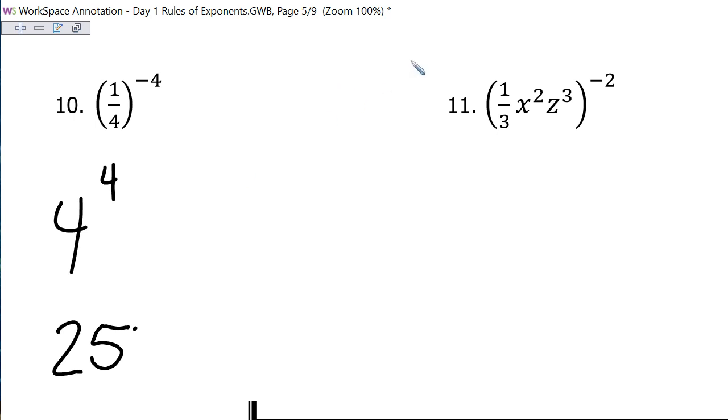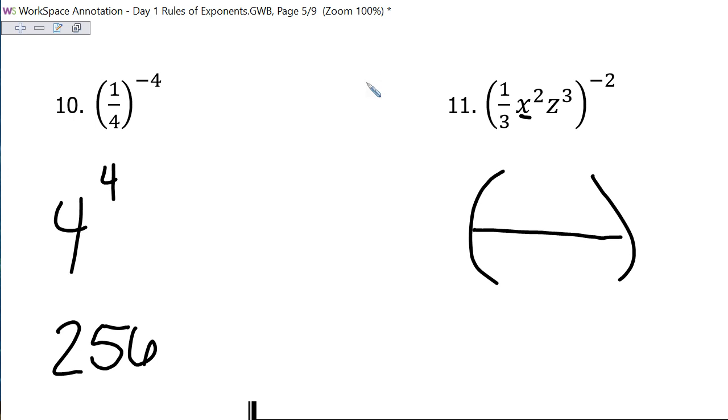Next one, number 11. Everything in the parentheses needs to be raised to the negative 2 power. But I want to rewrite this as one big fraction. So if I were to rewrite that as one big fraction, what number would go on the bottom? 3x squared, or 3. Well, over here, this is x squared z cubed over what? 1.